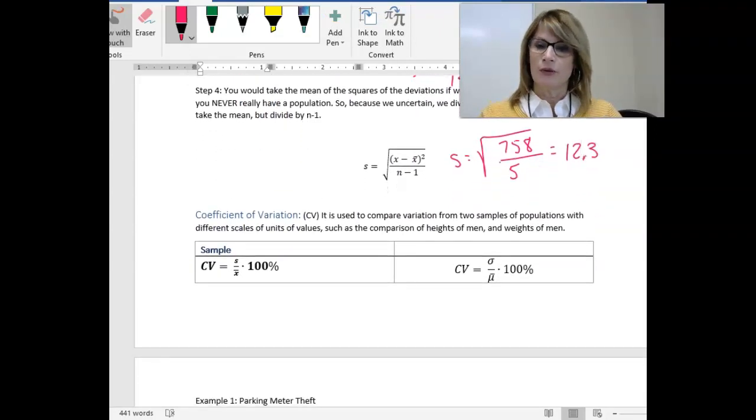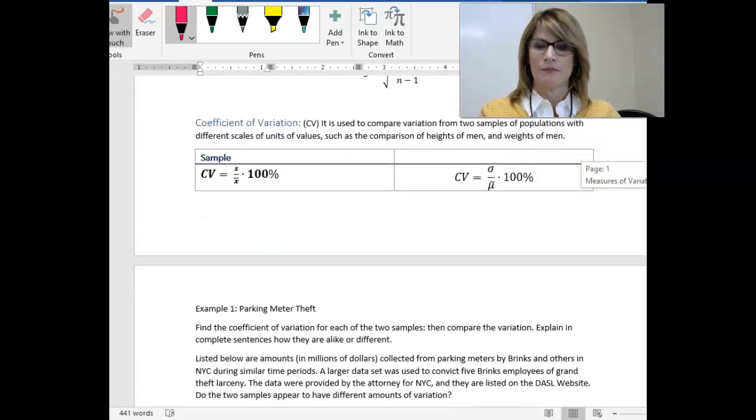Then we have a formula for coefficient of variation where you take your standard deviation and you divide it by the mean and then you change it into a percent. Okay.